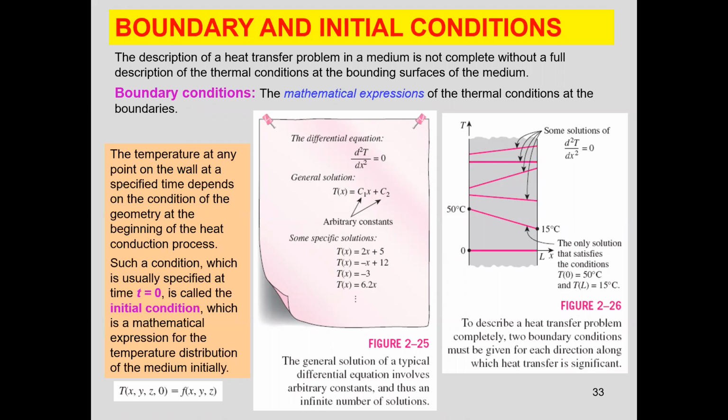So basically, the mathematical expressions of the thermal conditions at the boundaries are the boundary conditions. The temperature at any point in the wall at a specific time depends on the conditions of the geometry at the beginning of the heat conduction process. Such a condition, which is usually specified as t equals 0, is called the initial condition, which is a mathematical expression for the temperature distribution of the medium initially.